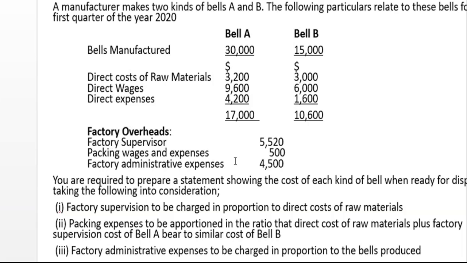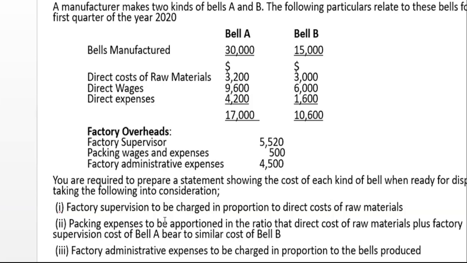And then the packing wages and expenses, we incurred $500, and then factory administrative expenses, we incurred $4,500. So you are required to prepare a statement showing the cost of each of the bales when ready, taking the following into consideration.